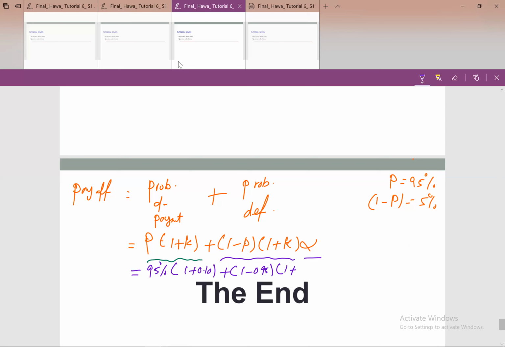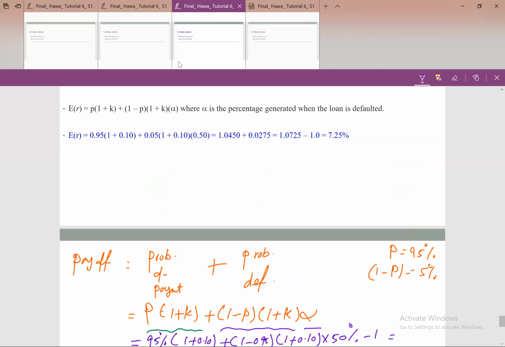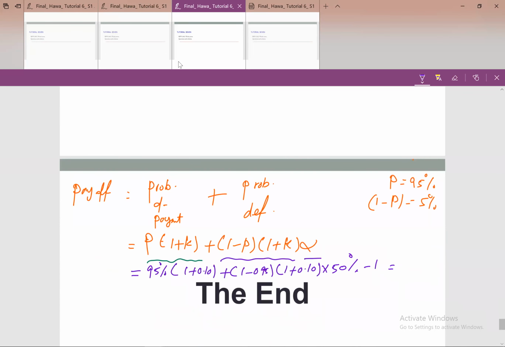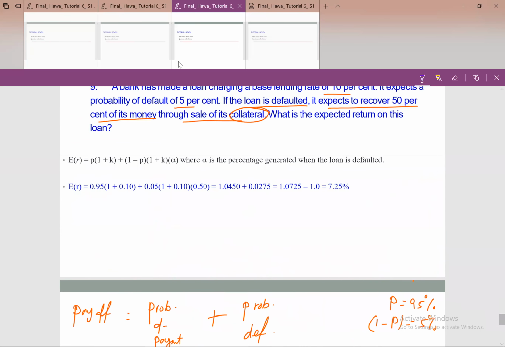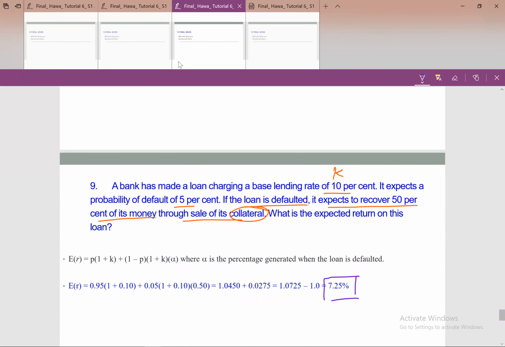Then 1 plus 10% times 0.50, times 50%. And if you calculate this, of course minus 1, you will find it to be 7.25%. This is if you have a collateral and according to these conditions.